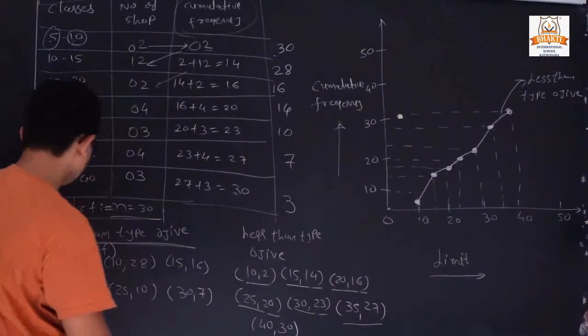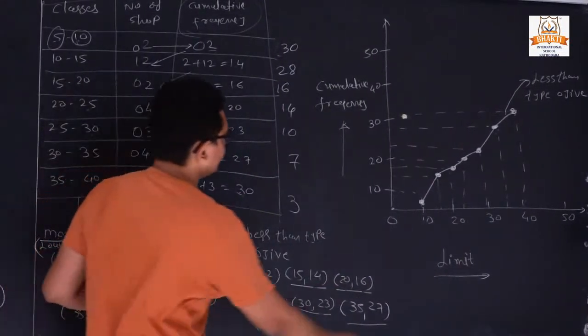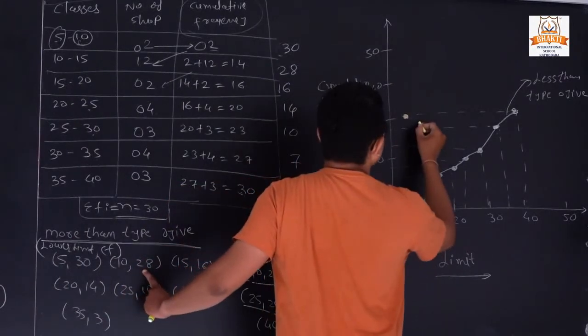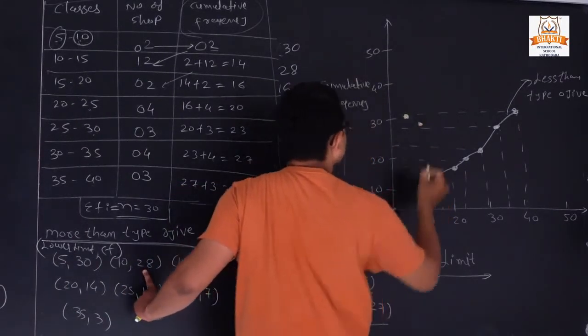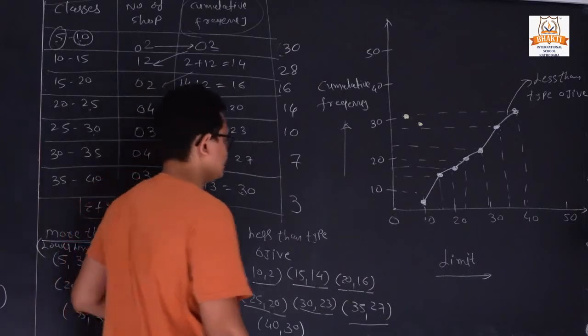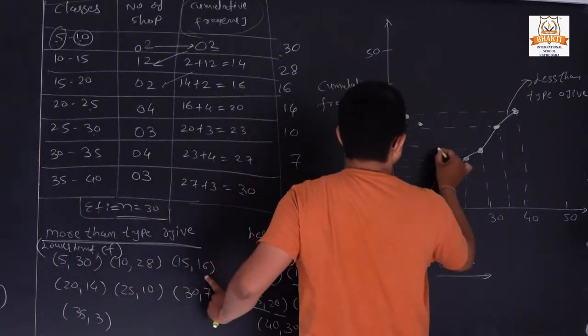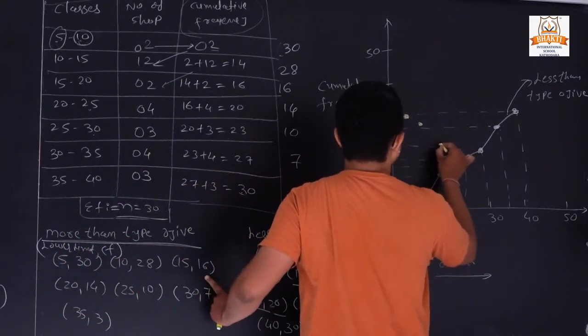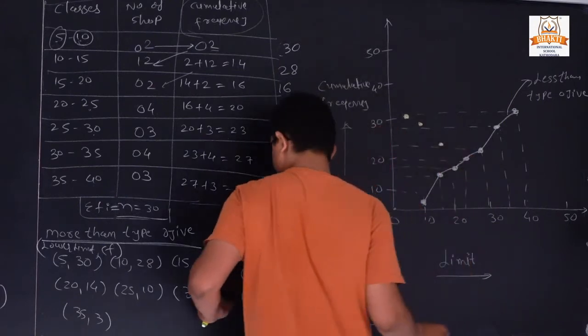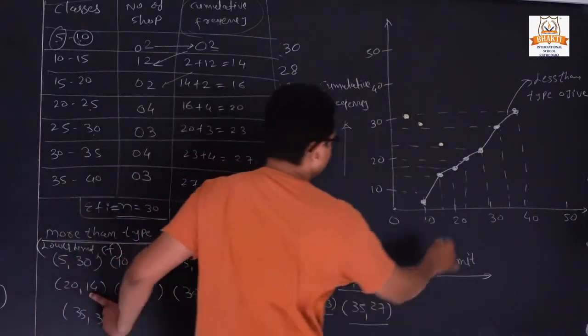Second, 10, 28. So it is here. Then 15, 16. It is here. Then 20, 14.